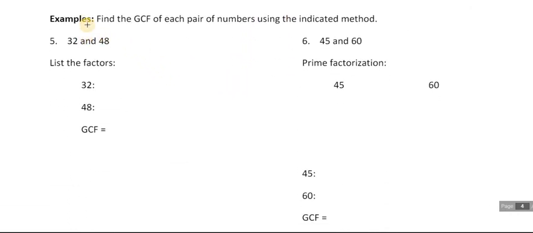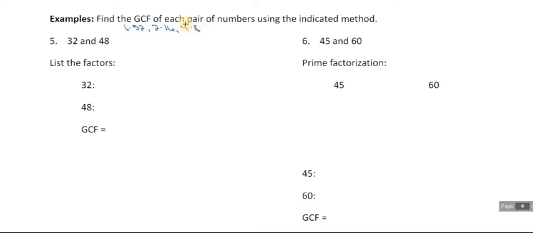So example 5, we're finding the GCF of each pair of numbers using our 2 different methods. The first one, we're listing our factors. With our number 32, I think about those factor pairs again, and I'm going to just list them here. 1 times 32, 2 times 16, 3 doesn't work, 4 times 8, 5 doesn't work, 6 doesn't work, 7 doesn't work.